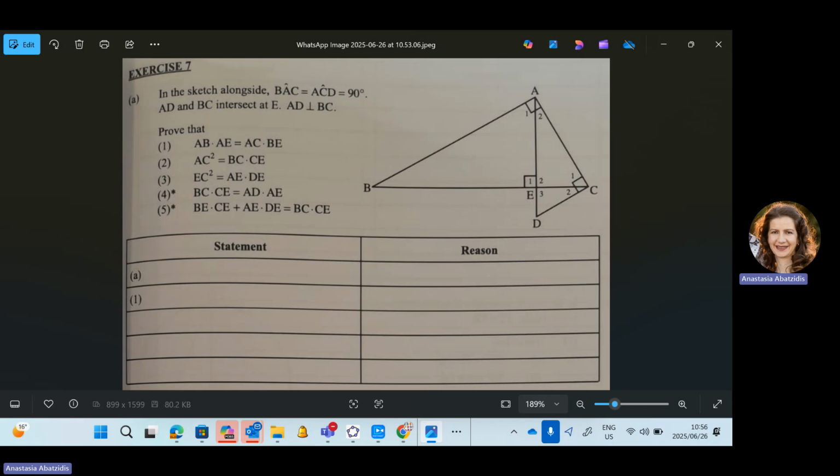So A, B, E. And what's my reason for that? Perpendicular from right angle vertex.